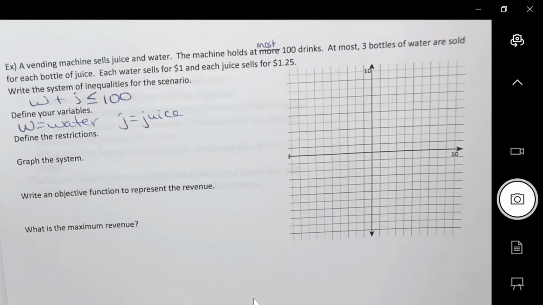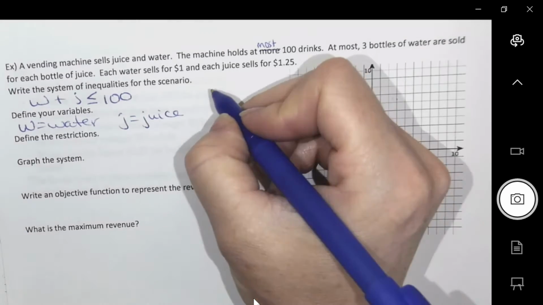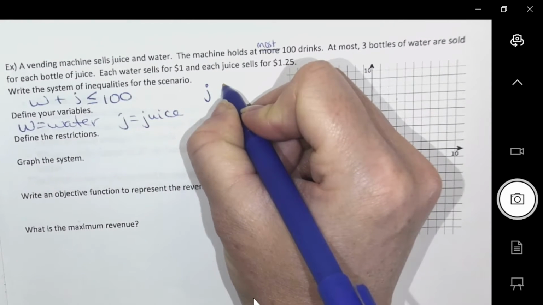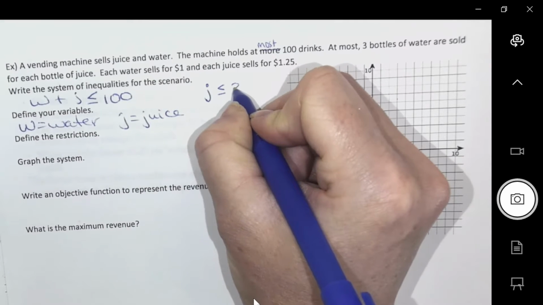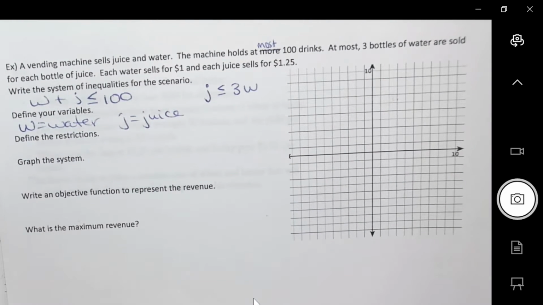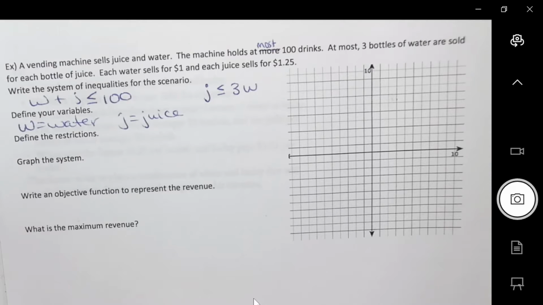At most, 3 bottles of water are sold for each juice. At most, so we have to be less than or equal to it, 3 bottles of water are sold for each bottle of juice.